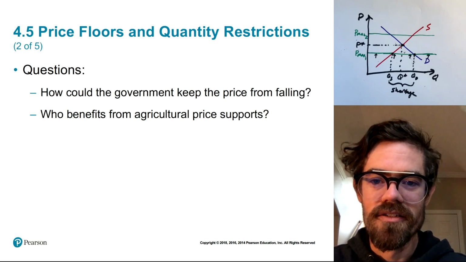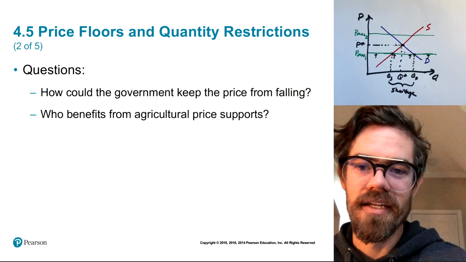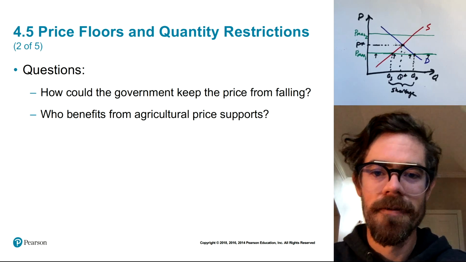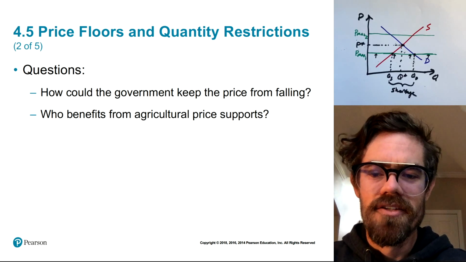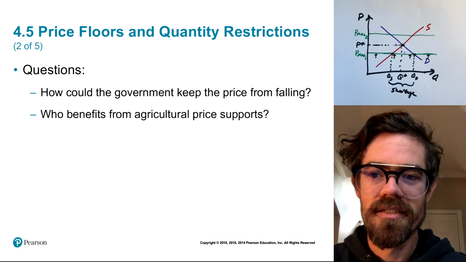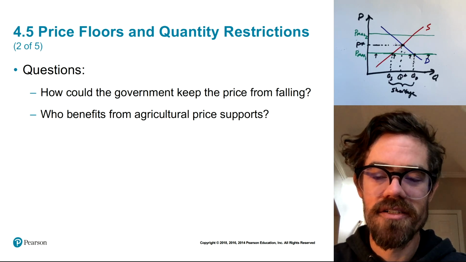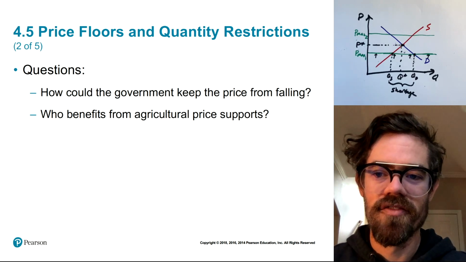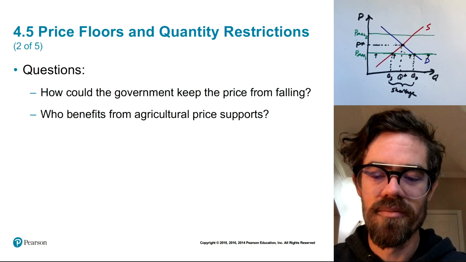Or it could just make it illegal to sell below that price. And in terms of who benefits, well, the farmers benefit. They get that higher price for their units, but buyers lose out. They have to pay a higher price than they would if it was allowed to achieve equilibrium.